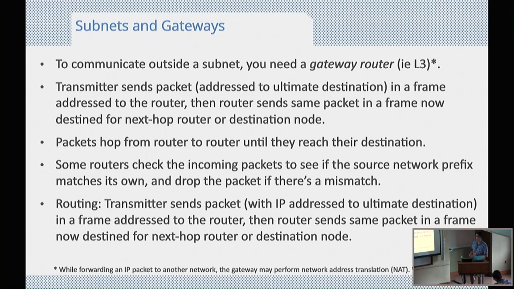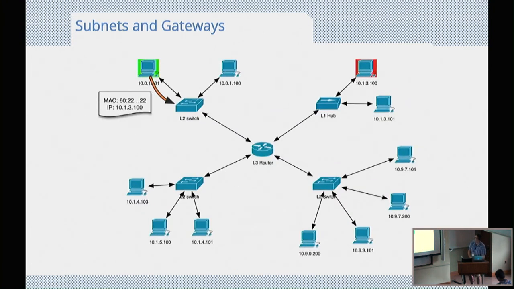So routing is where the transmitter sends a packet with the IP address of the ultimate destination in a frame addressed to the router, and the router then sends the same packet along with the ultimate IP address destination, but with the MAC address changing to the next router. So here's an example. We want to send a packet from the green node on the left to the red node on the right, and it's going to send a packet with not the red machine's MAC address.